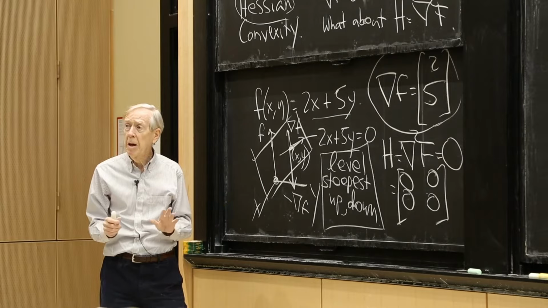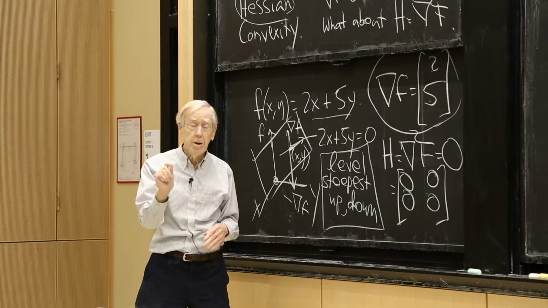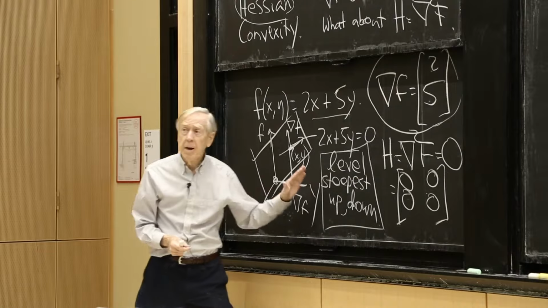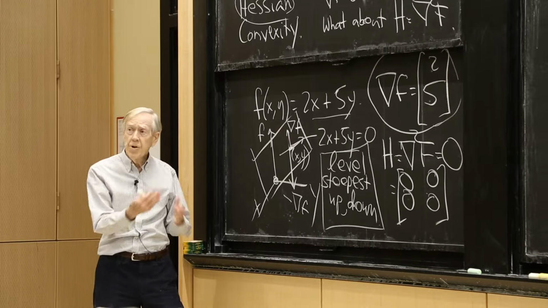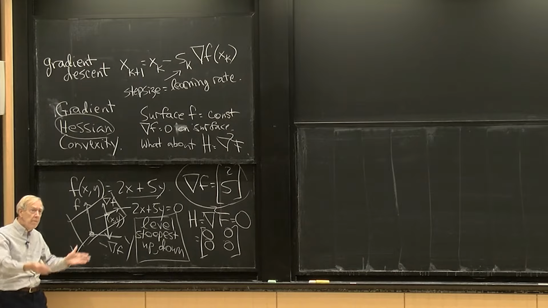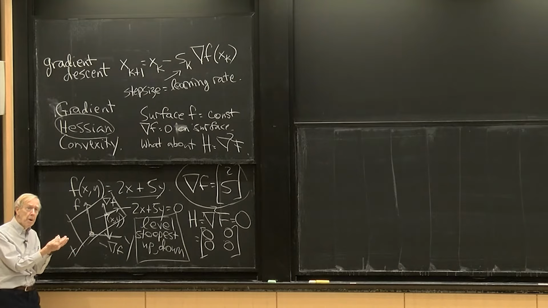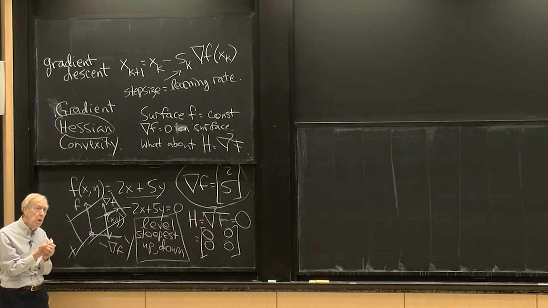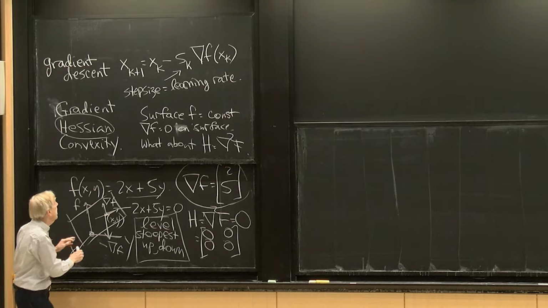What does the Hessian tell me about? I'm thinking of the Hessian at a particular point. So I'm getting 0 for the Hessian because the surface is flat. If the surface was convex upwards, if it was a convex graph of f, the Hessian would be, I just want to make that connection now.